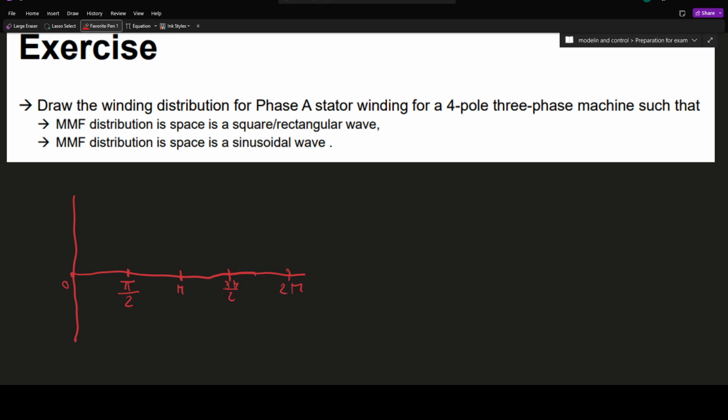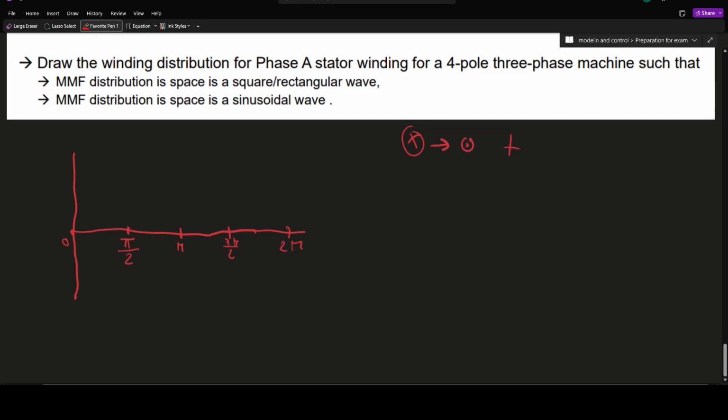Okay, so we are going to follow the convention that going from cross to dot is positive.